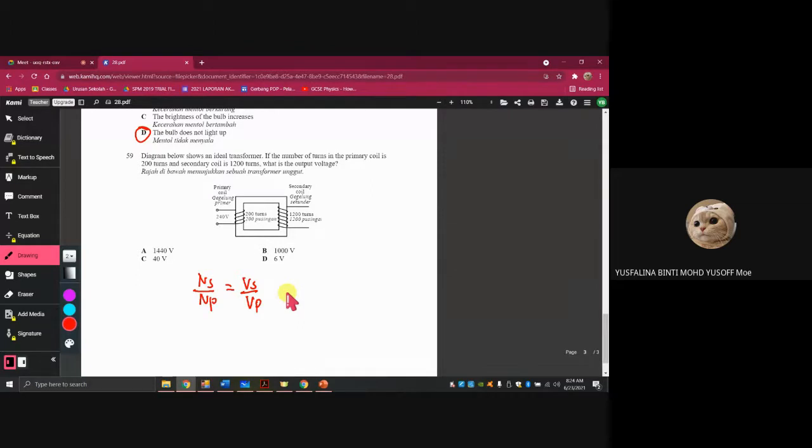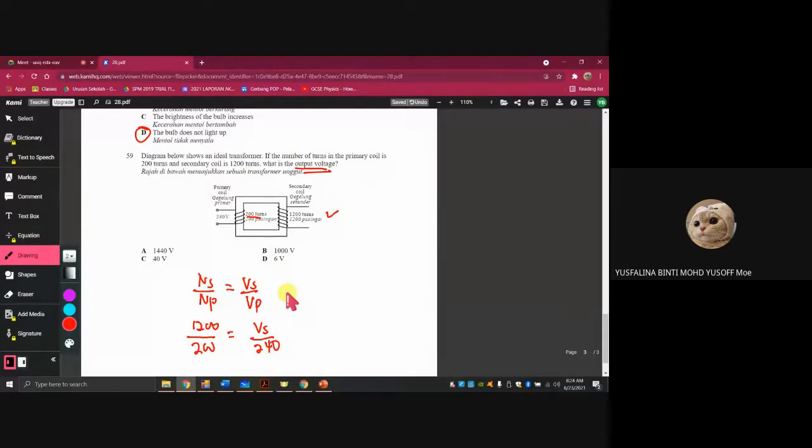The number of turns in the secondary, NS, is 1200 and NP is 200, the number of turns in the primary. The secondary voltage is the one you need to find. VS, the output voltage, is the secondary, and the input is 240.